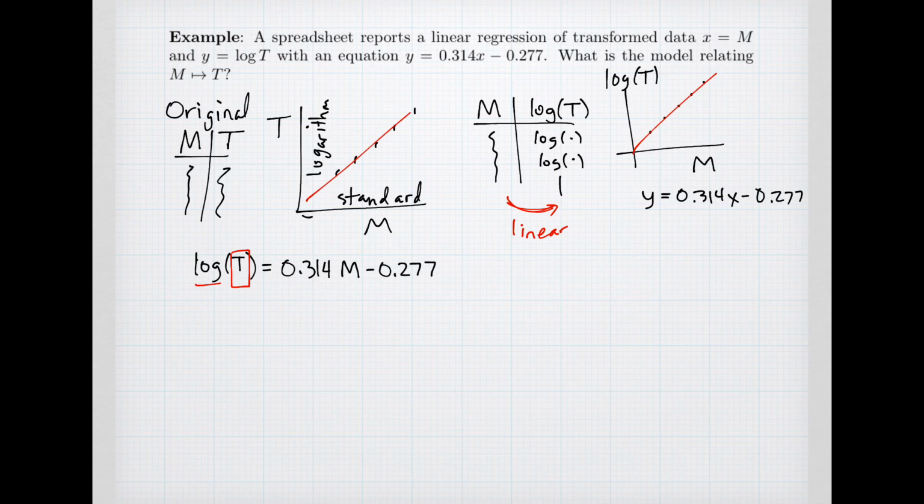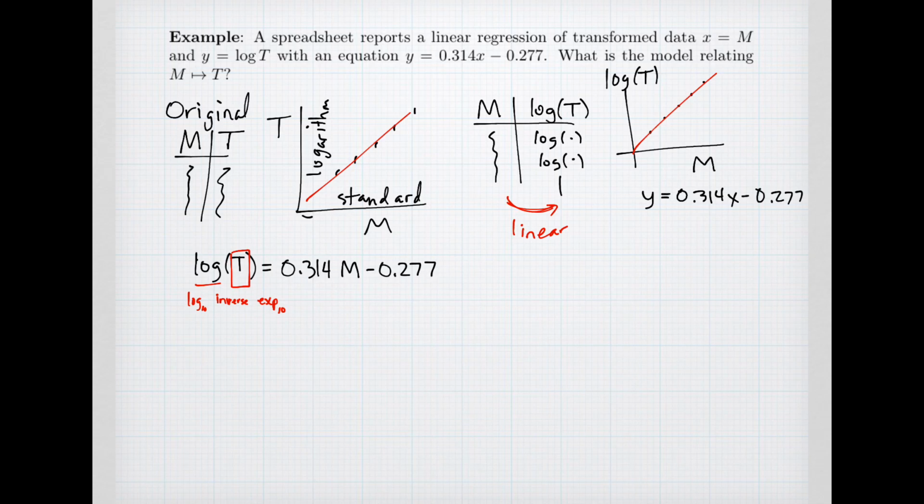Now what I want to do is solve for my variable t. And it's inside of a logarithm. And so I need to use the inverse function. And the inverse of a logarithm, I can write this, the inverse is an exponential base 10. So the log base 10 inverse is the exponential base 10.